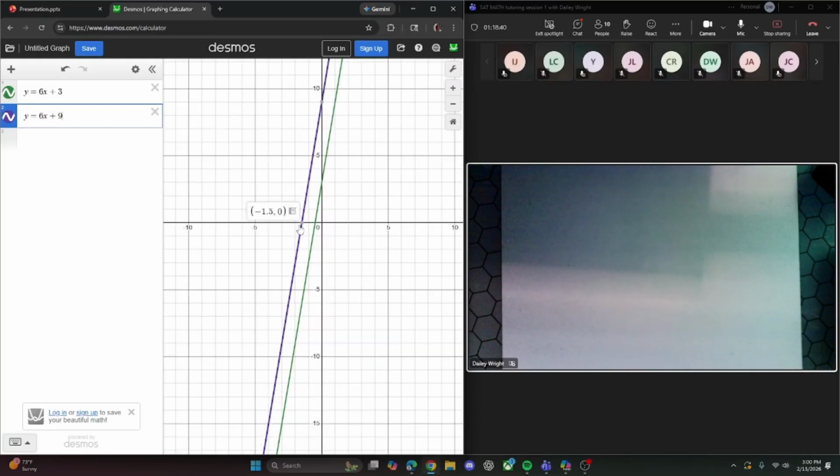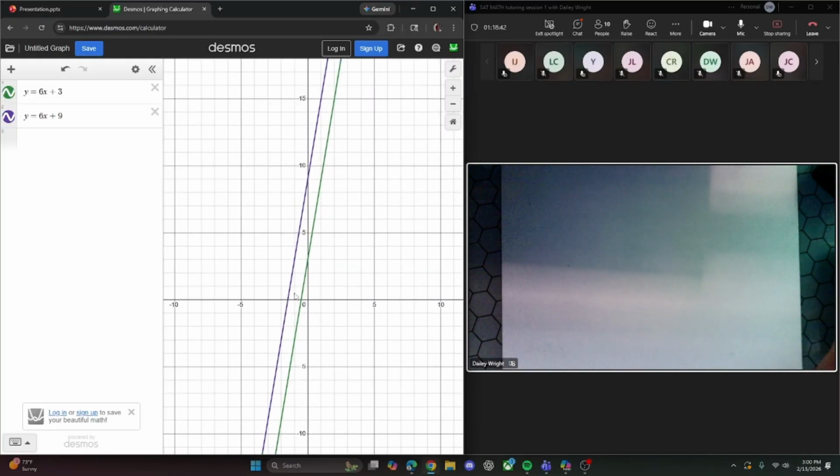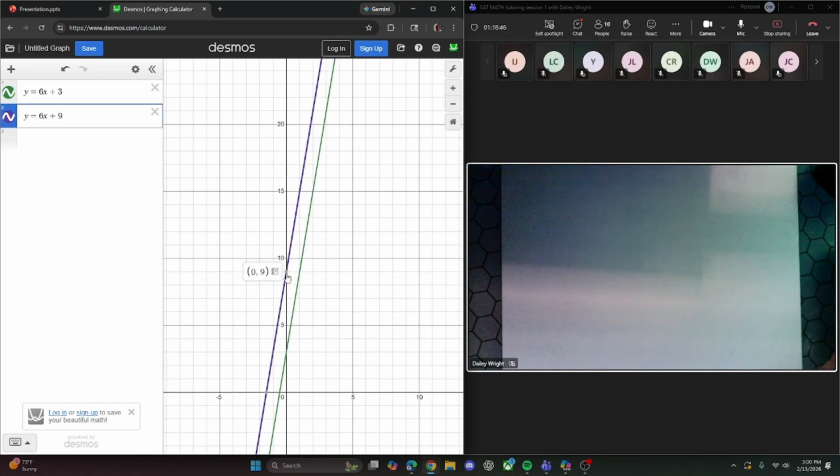The slope is literally how much they move per x value. So this one starts at 0, 9, and then it goes to 1, 15. For every 1 it goes over, it goes 6 up. That's what the slope describes. This one 0, 3, and then it would be 1, 9.